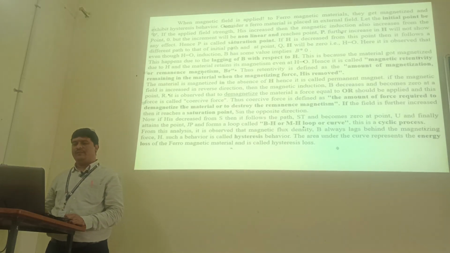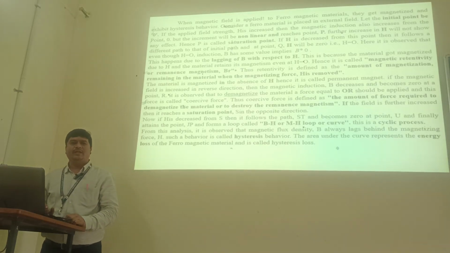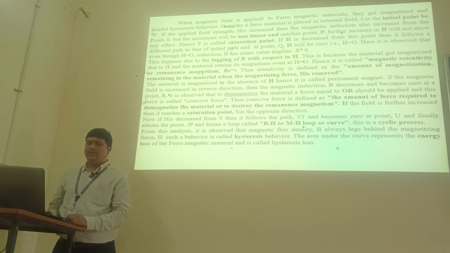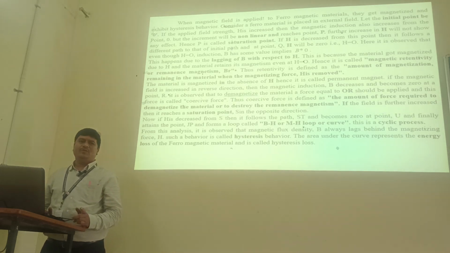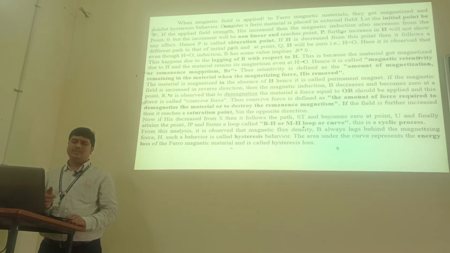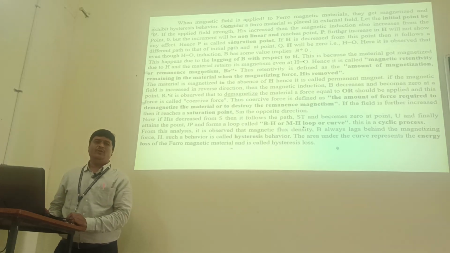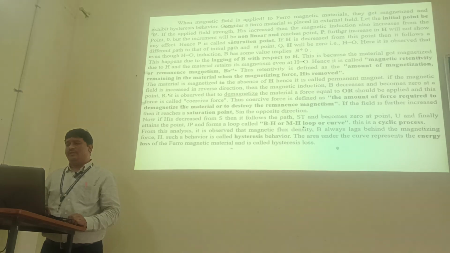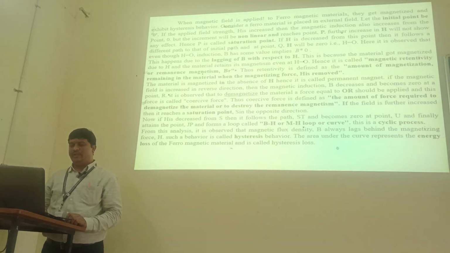So we get one positive and one negative retentivity point, and one positive and one negative coercivity point. Finally, it passes through a particular shaped curve, known as the BH curve. It shows the loss of energy in the magnetic materials.